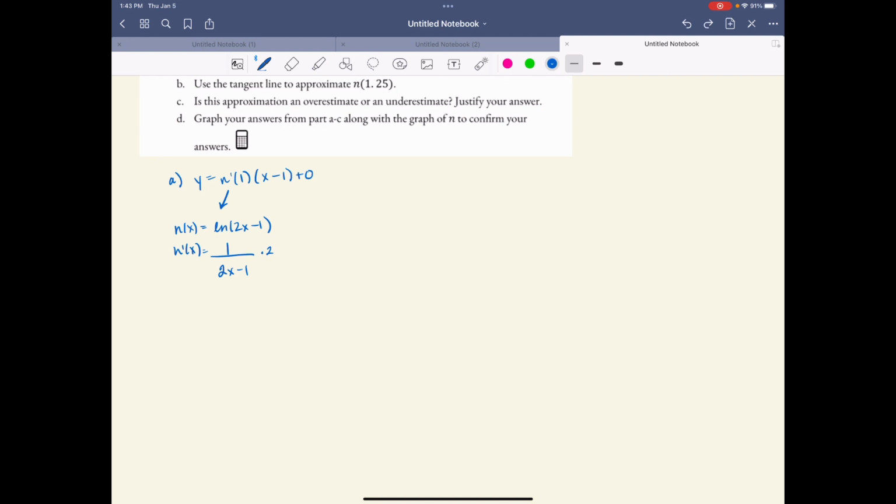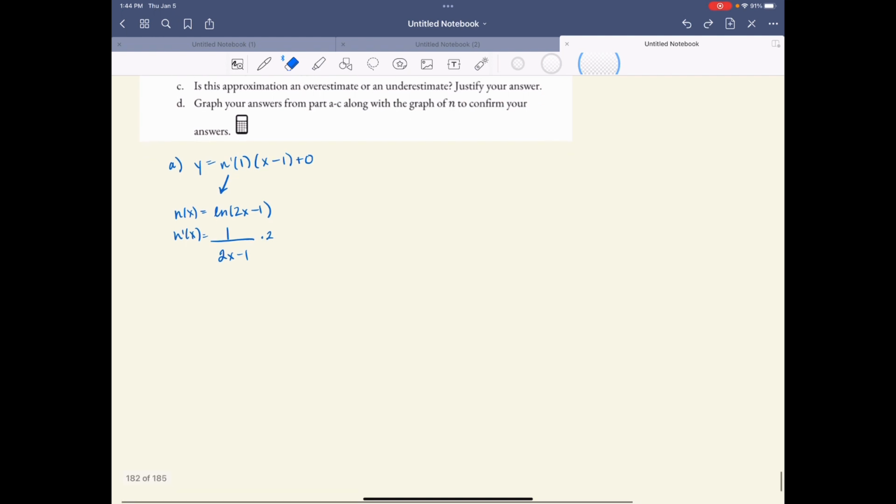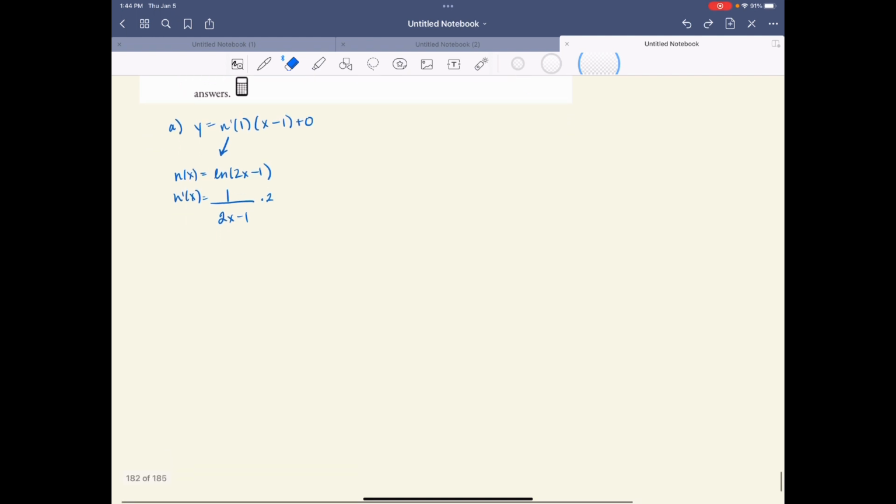So that's why you don't see me write 1 over x. I write 1 over 2x minus 1 because it's the derivative of f with respect to g times the derivative of g. So times the derivative of 2x minus 1, which is 2. To simplify that, that's going to be 2 over 2x minus 1.